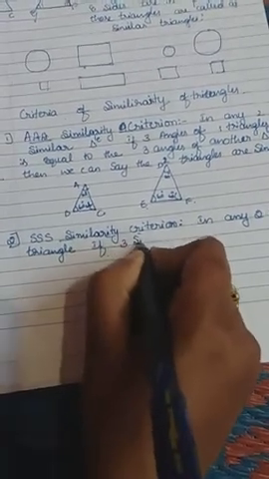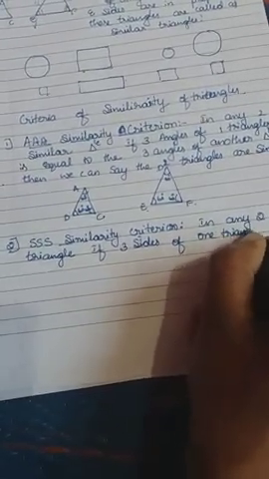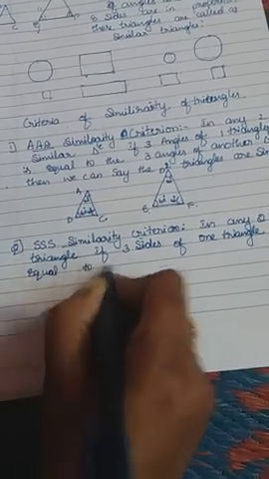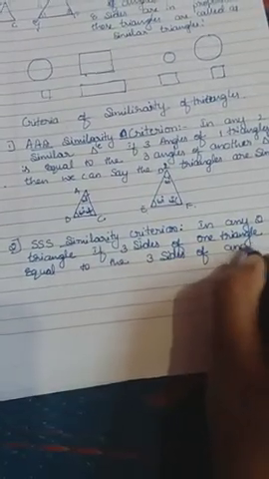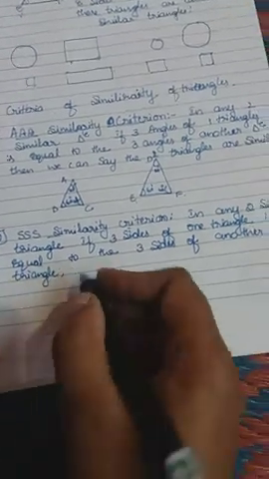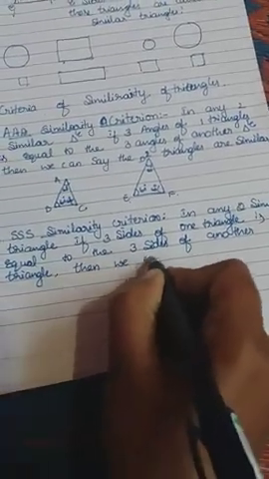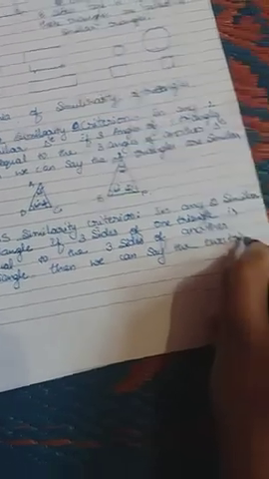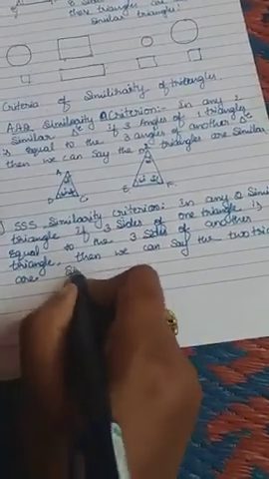If three sides of one triangle are equal to the three sides of another triangle, then we can say the two triangles are similar. So this is SSS.